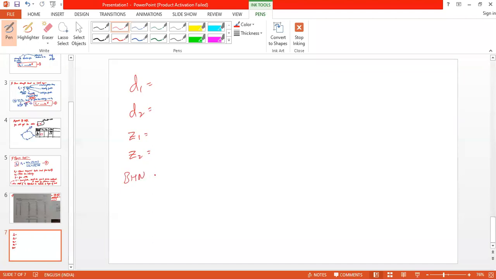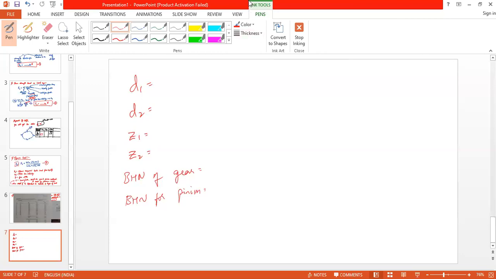Brinell hardness number for gear and Brinell hardness number for pinion. All these things you need to put in and finally give the answer. So this is all about the design of spur gear.